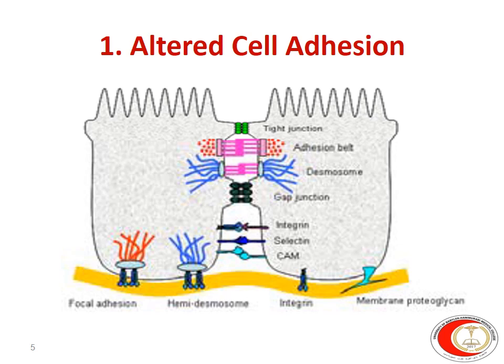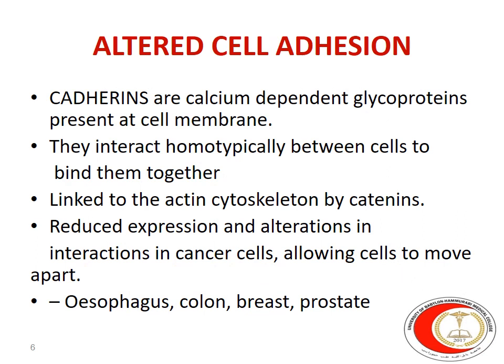We have several molecules involved in the adherence. The most famous ones, a group of molecules, we call cadherins. Cadherins are calcium dependent glycoproteins present at the cell membrane. They interact homotypically between cells to bind them together.